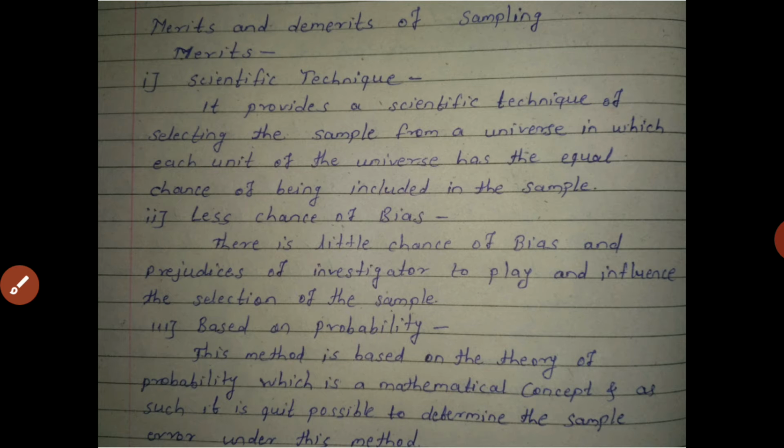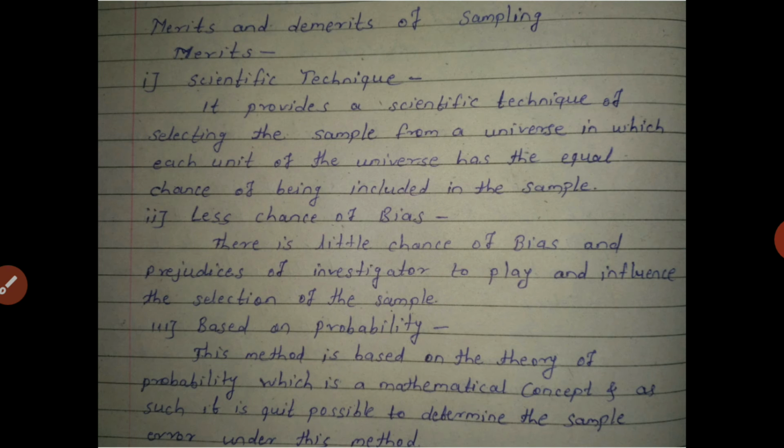So now let's see the merits and demerits of sampling. Let's see the merits, that is scientific technique. It provides a scientific technique of selecting the sample from a universe in which each unit of the universe has equal chance of being included in the sample.